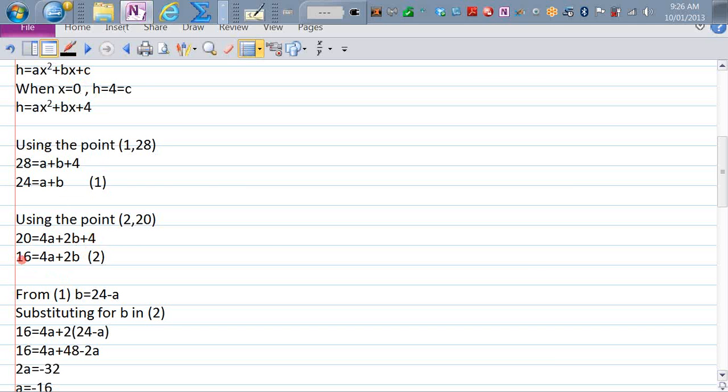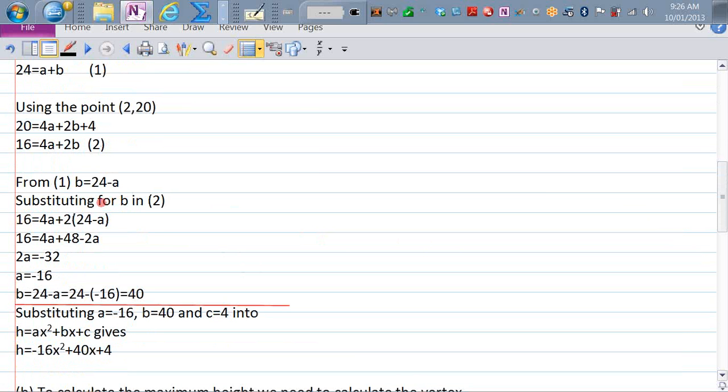Transposing the 4 to this side, 16 is equal to 4a plus 2b. So now you can see that using these points, we have been able to get 2 equations.